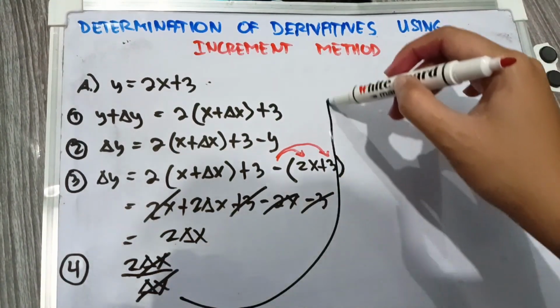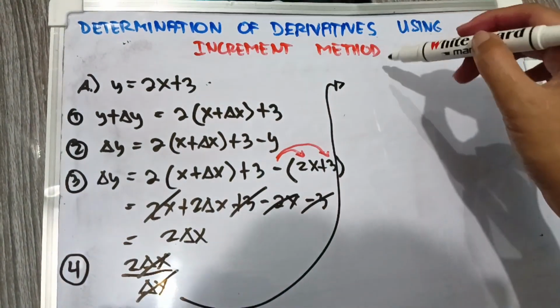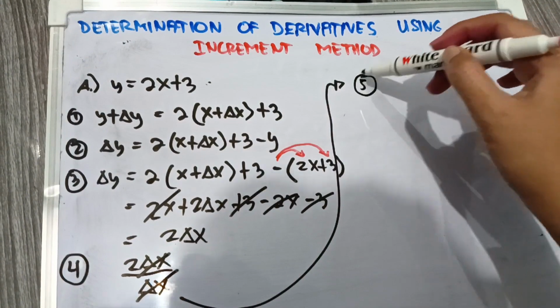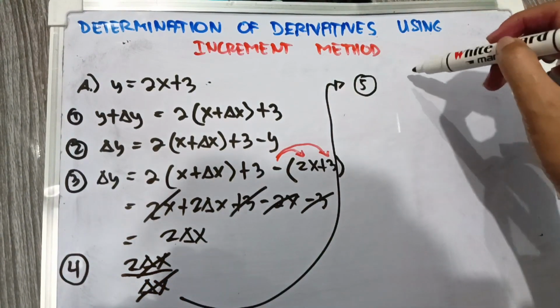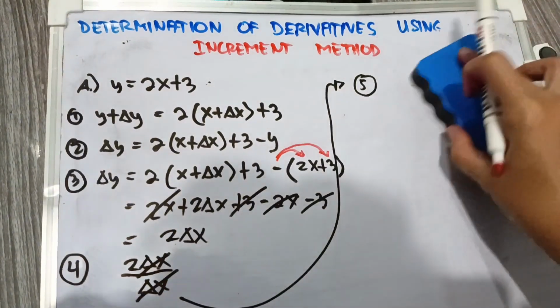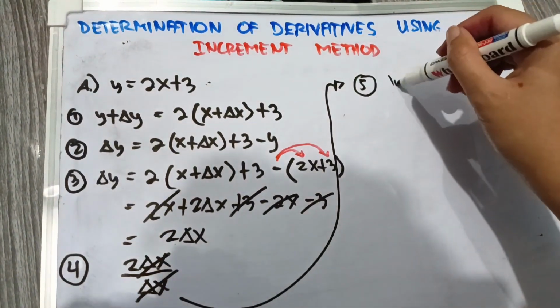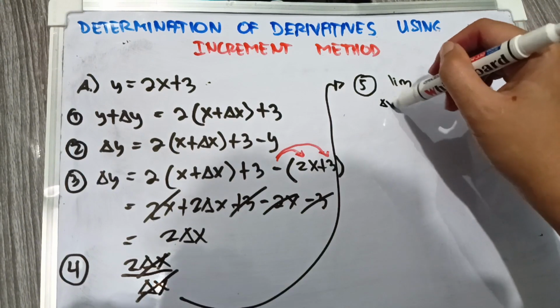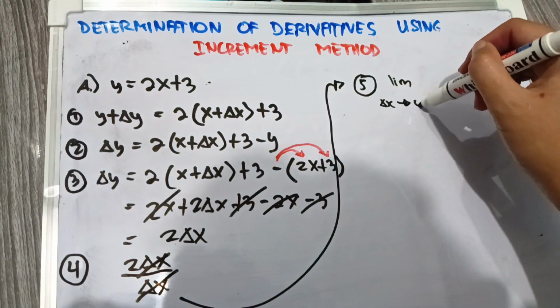Then in step number 5, we should find the limit as delta x approaches to 0.